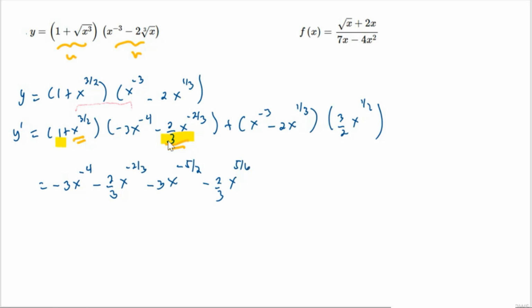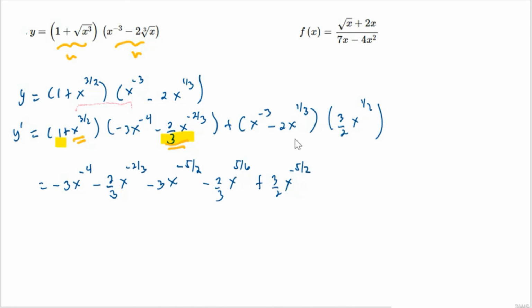So that's the product of the UDV plus the product now of VDU. So multiply 3 halves of x raised to 1 half times x to the power of negative 3. So we have now 3 halves of x to the power of negative 3 plus 1 half, so negative 5 over 2 is our exponent.